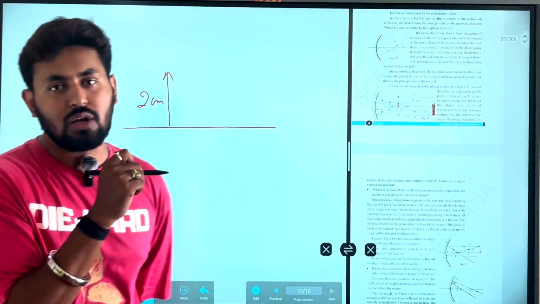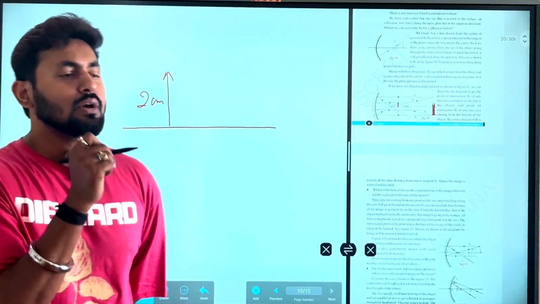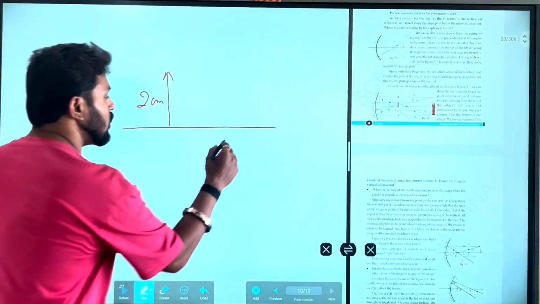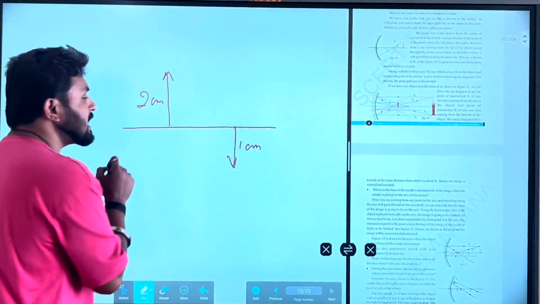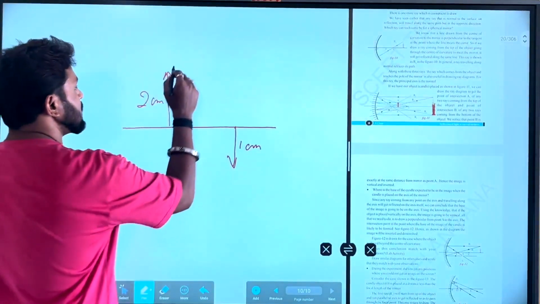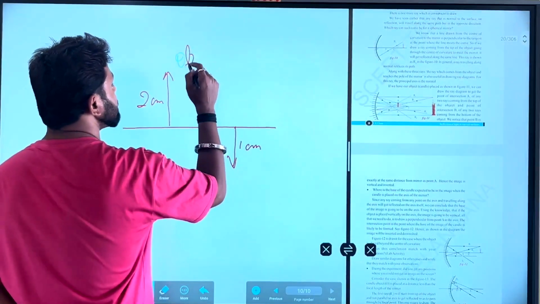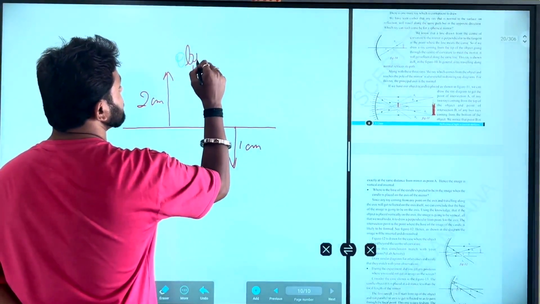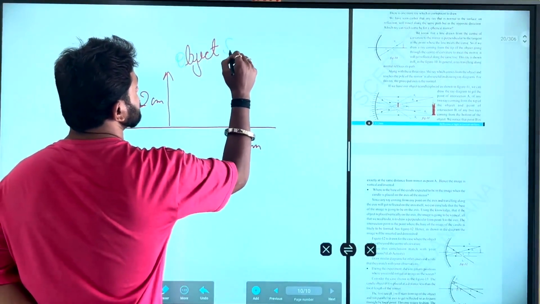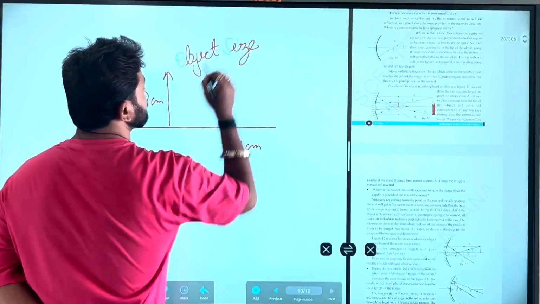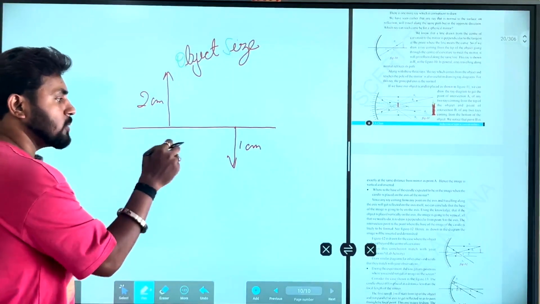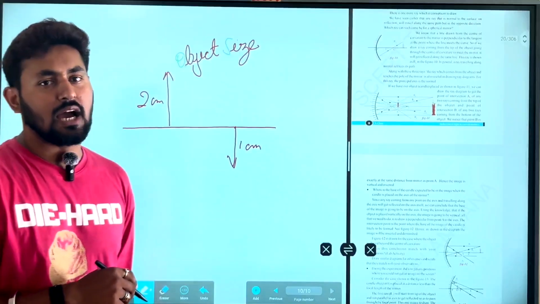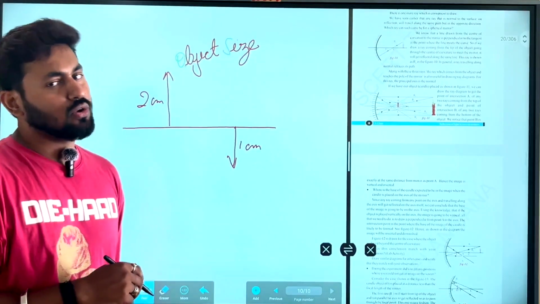It is called diminished when the image formed is of 1 centimeter, or less than 2 centimeter, which is the object size. If the image size is less than the object size, then we call it diminished.